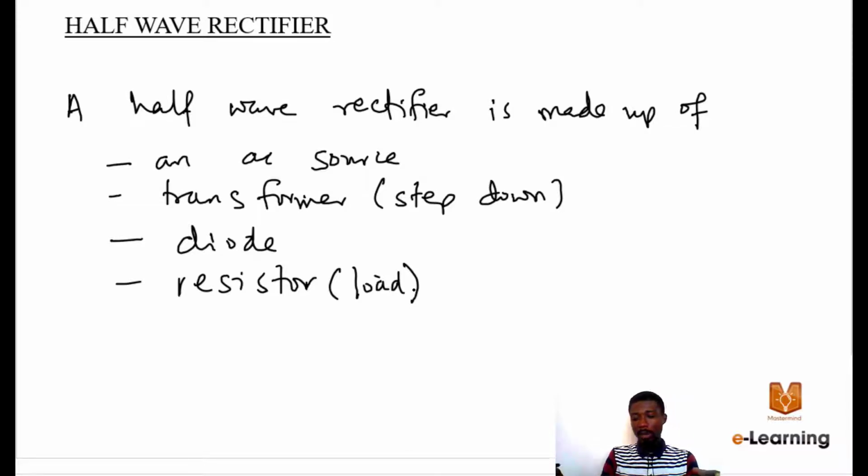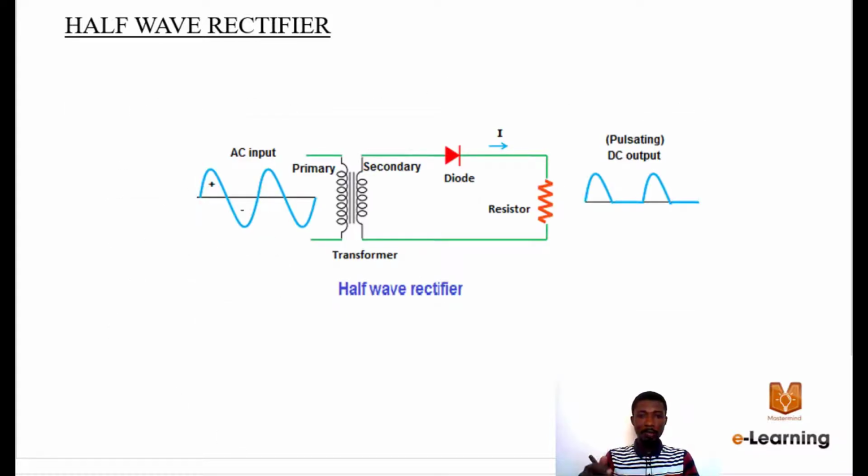The diode is placed between the transformer and the load. So this is a half-wave rectifier. This is our AC input. This is our transformer. This is our diode, our resistor, and then the output.